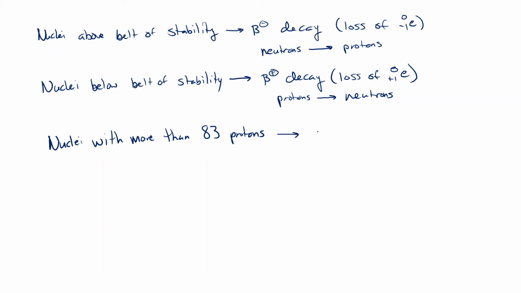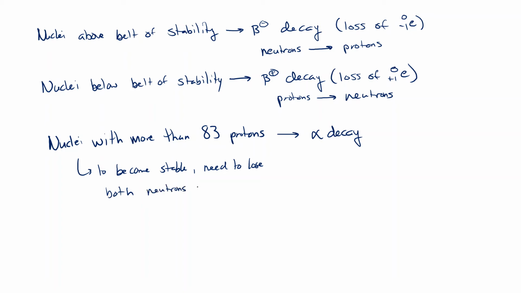And so the goal here for nuclei with more than 83 protons is that to become stable, they need to lose both neutrons and protons.